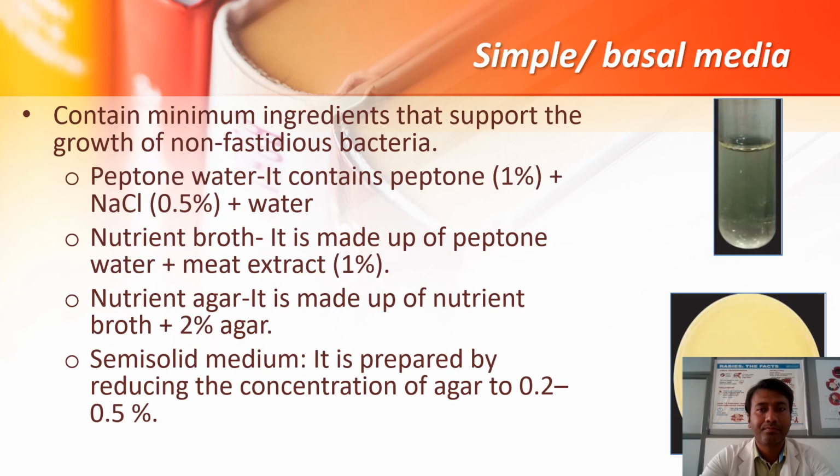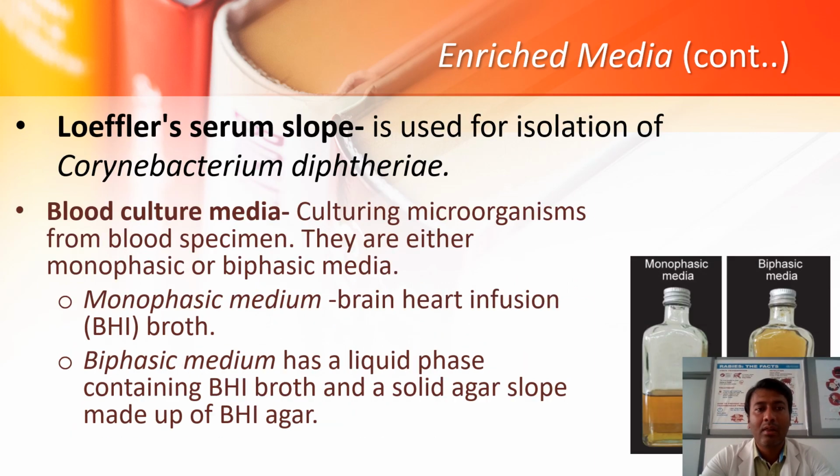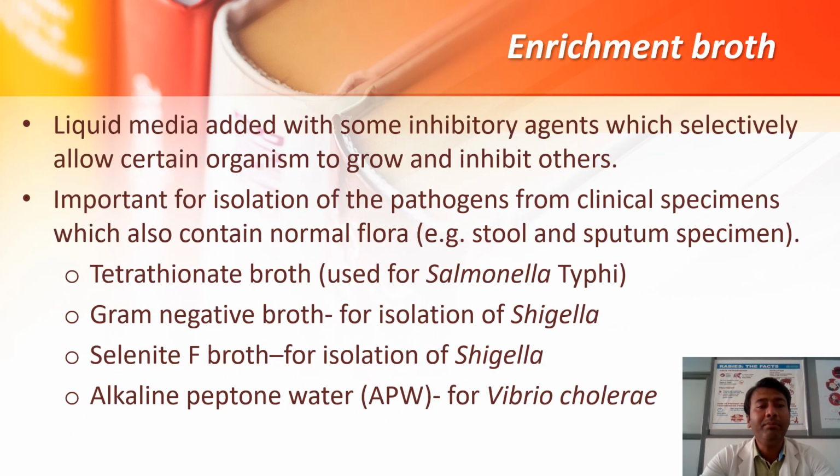Enrichment broth. These are the liquid media which are added with some inhibitory agents which selectively allow certain organisms to grow which are of our interest and inhibit others in which we are not interested. So it is important for isolation of pathogens from clinical specimens which also contain normal flora.